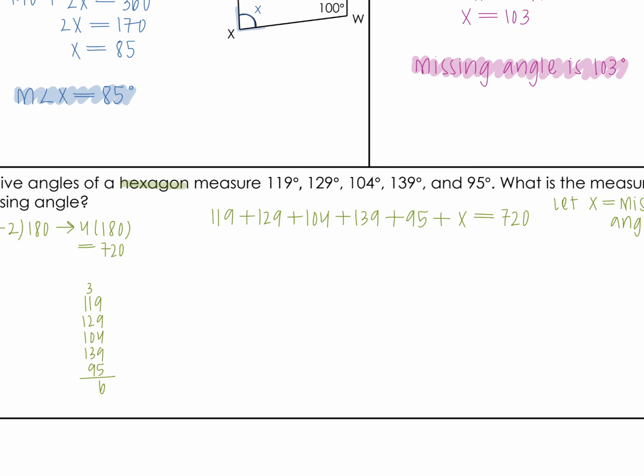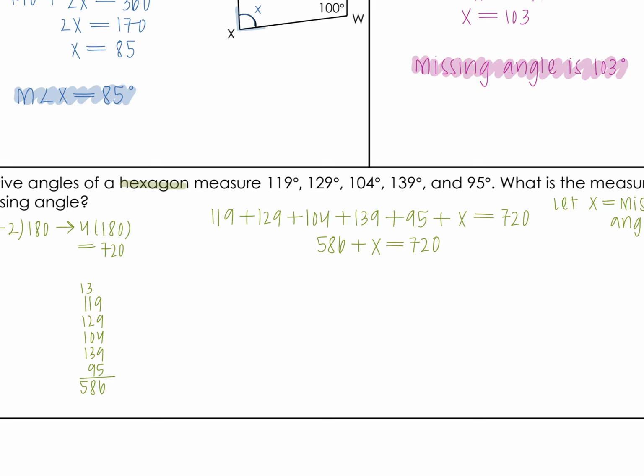Okay, 3 plus 1 is 4, plus 2 is 6, plus 3 is 9, and then plus 9 will give me 18. And then I will get 1, 2, 3, 4, 5. Okay, so I'm going to get 586 plus x is equal to that 720.